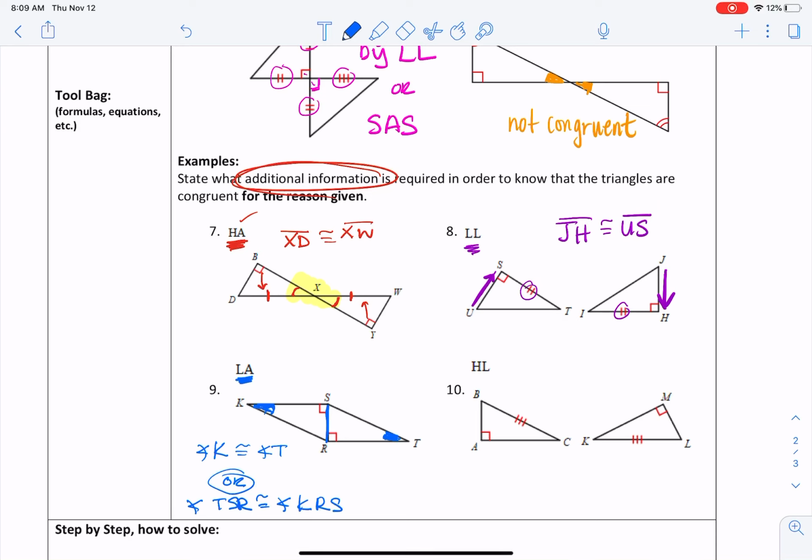One of those two is what I need to know. And I have to go like this because I don't need to know about the right angle. I need to know about the acute angle that's there. I know that SR is congruent to RS because of the reflexive property.